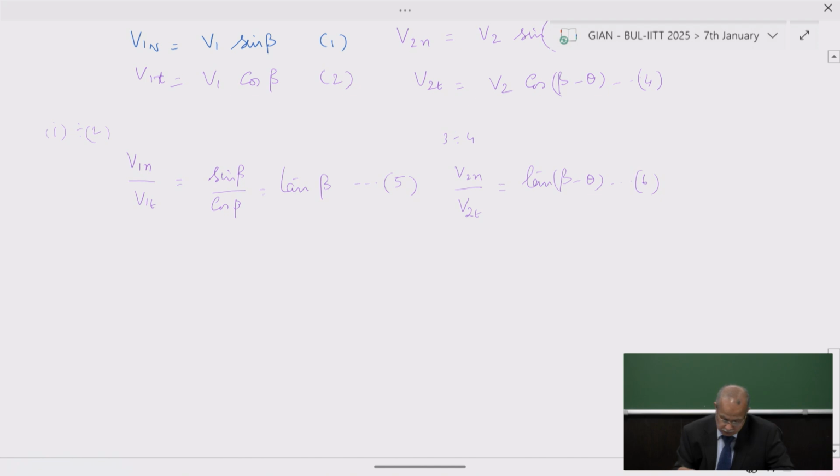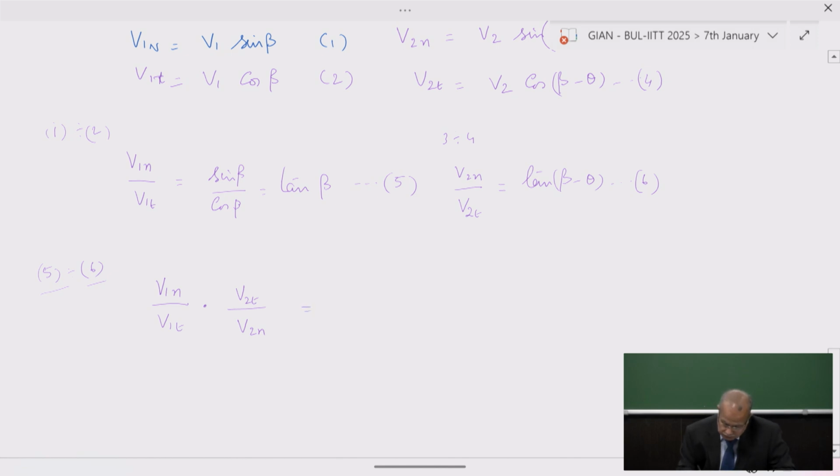So now if I divide equation 5 by equation 6, I will get V1n by V1t on the left hand side, then I have the whole thing divided by V2n by V2t. So I'm just dividing equation 5 by equation 6.